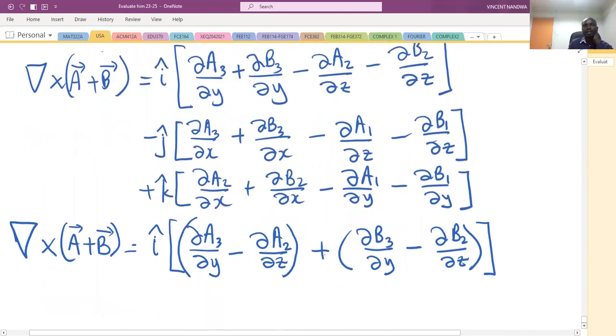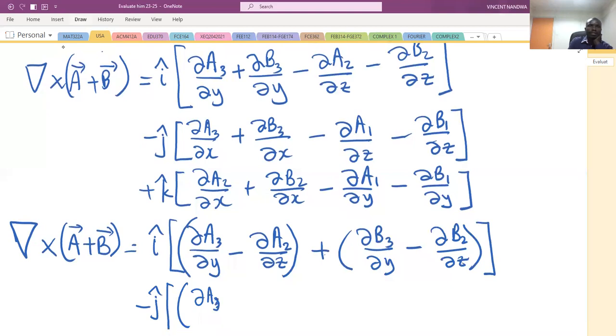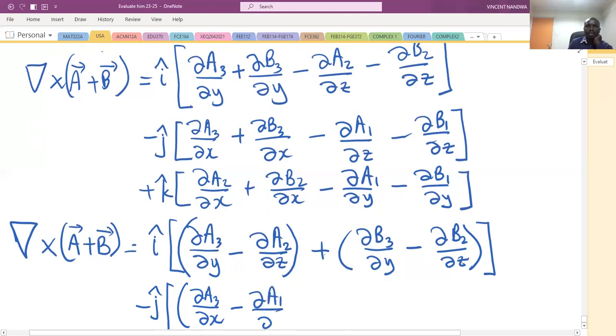And then for j, we have minus j, partial A3 partial x minus partial A1 partial z plus partial B3 partial x minus partial B1 partial z.